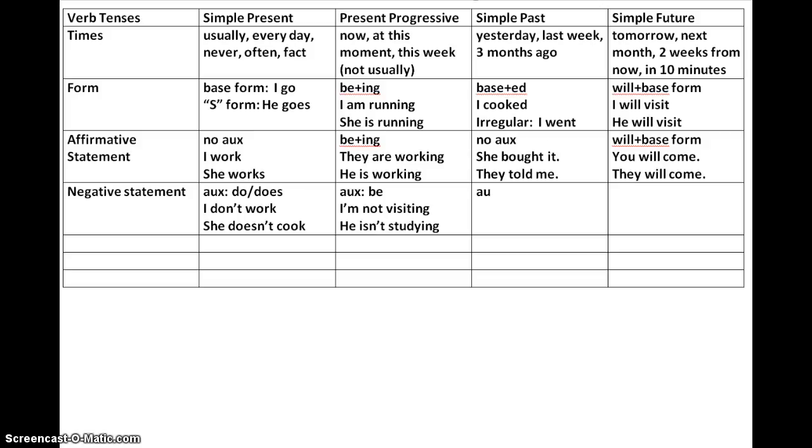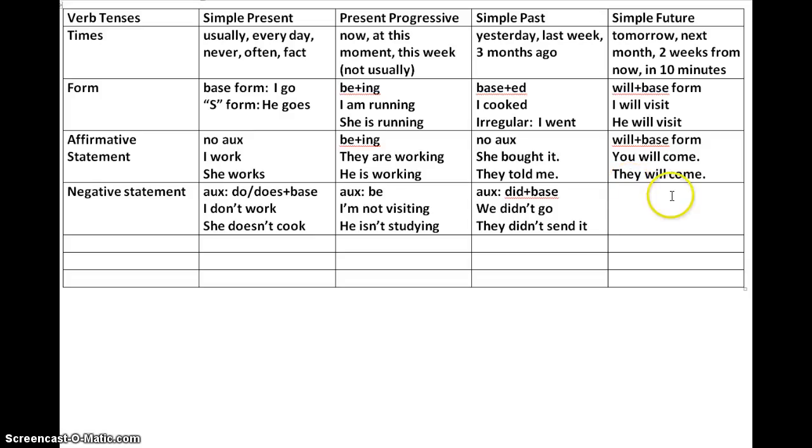In simple past, the auxiliary will be did, the past of do. We didn't go. They didn't send it. Base form, after do. Always, base form after do. That's true in the past, and that's true in the simple present.